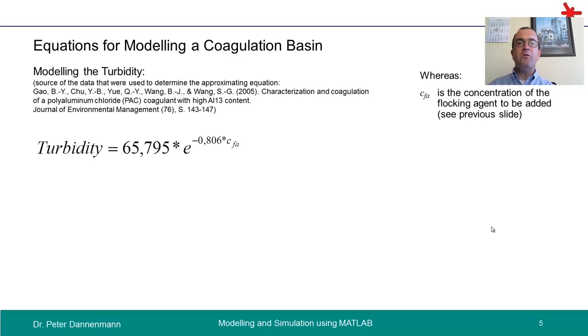In a work of Gao and others from 2005, this correlation was examined empirically. The approximating formula that describes the turbidity of the water when it leaves the coagulation basin, and that is shown on this slide, is based on the results of this work.